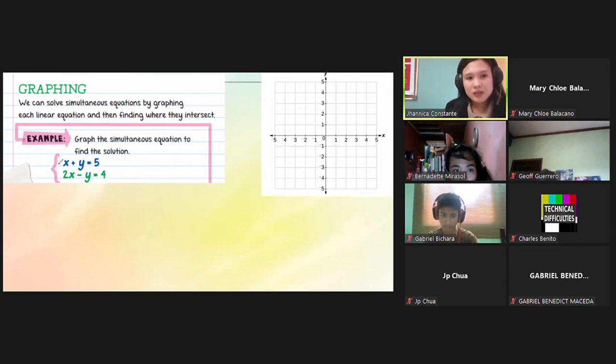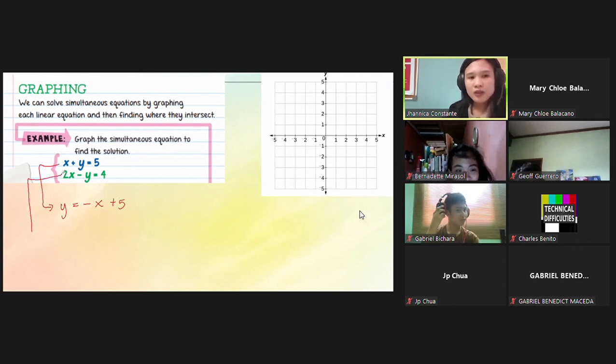Let's start with x plus y equals 5. If we transpose variable x to the other side of the equation, the slope-intercept form is y equals negative x plus 5. That is the slope-intercept form of our first equation.